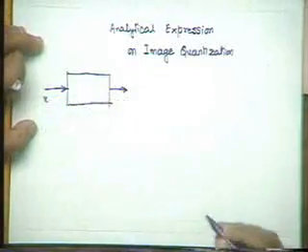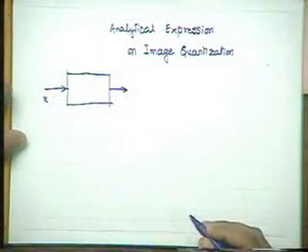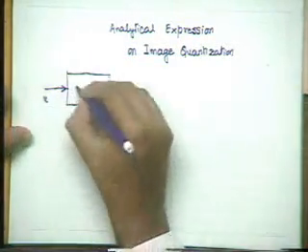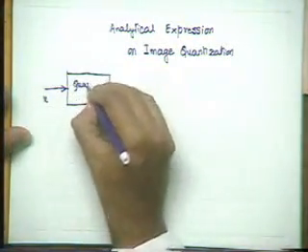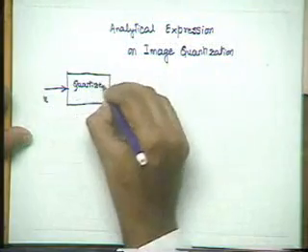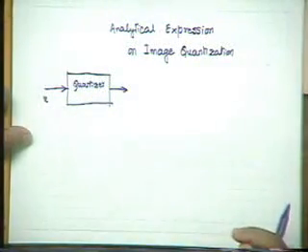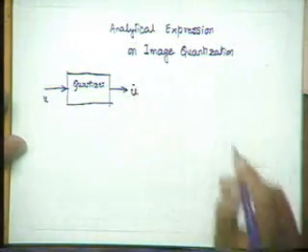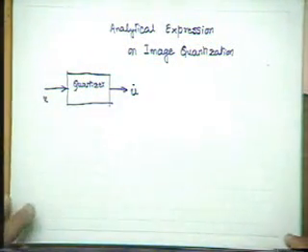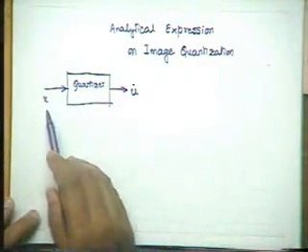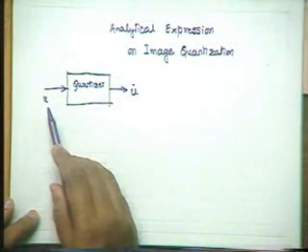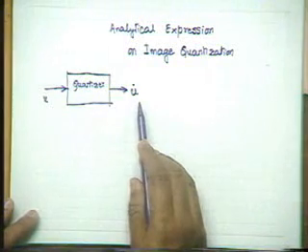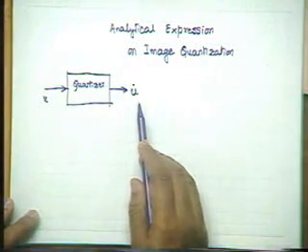We have an image which we denote by a variable u over here, and this passes through a quantizer. This block I am calling as a quantizer, which will perform the quantization, and this performs a 1:1 mapping between this input variable u into some output variable which I am calling as u dot.